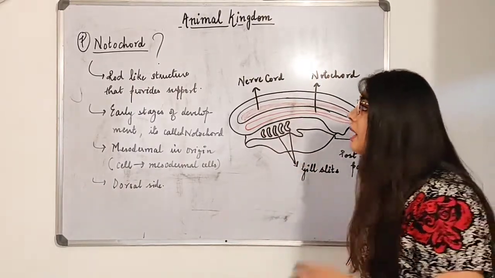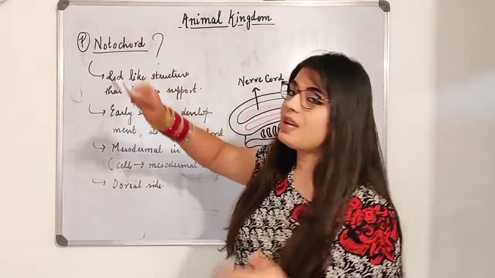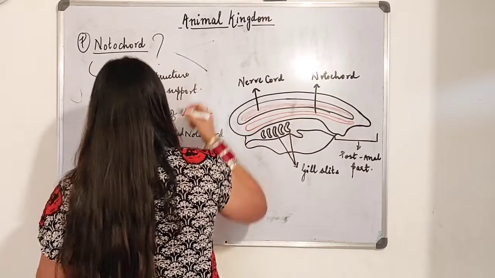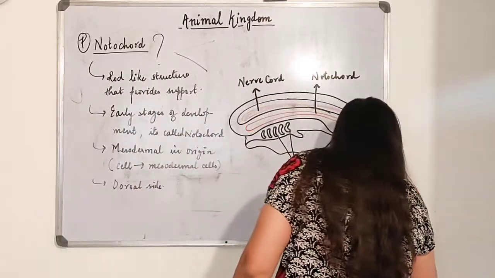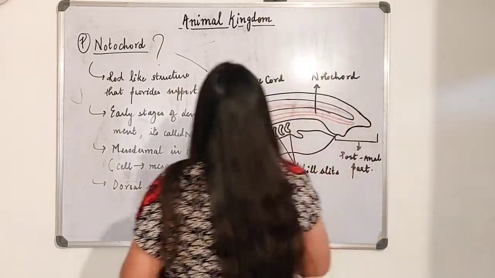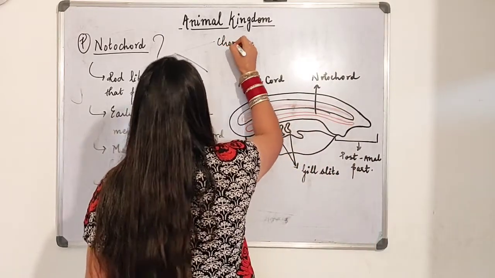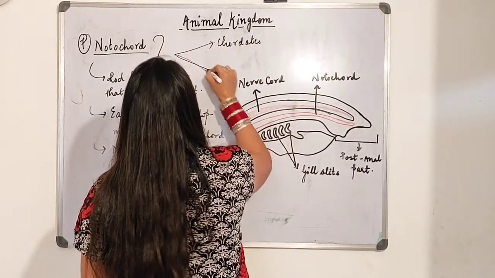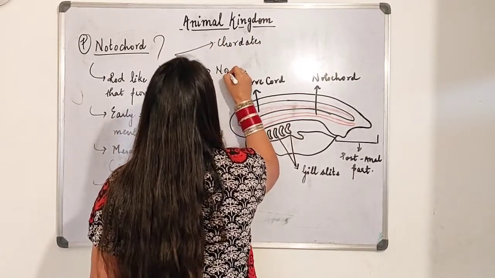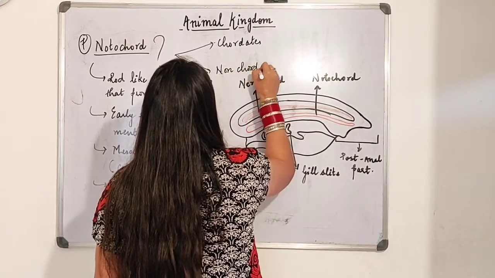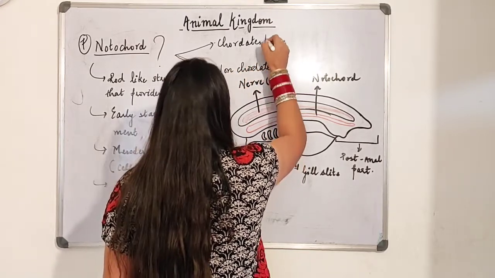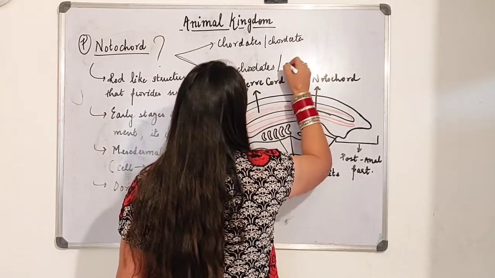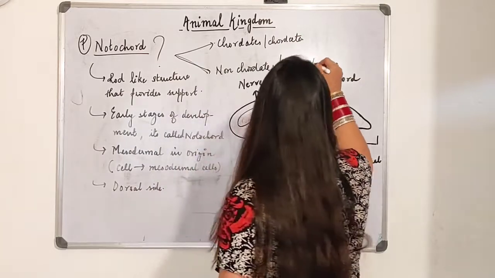Now, beta, due to the presence or absence of the notochord, there are two categories. The first category is chordates. The second is the non-chordates, or you can say Chordata and Non-chordata.